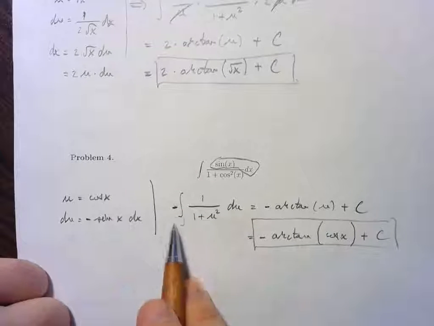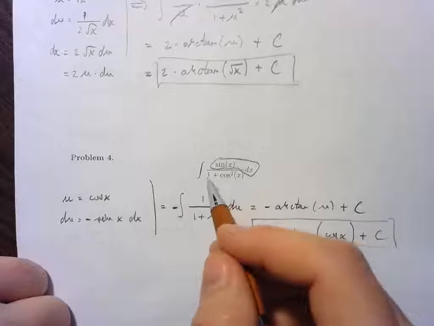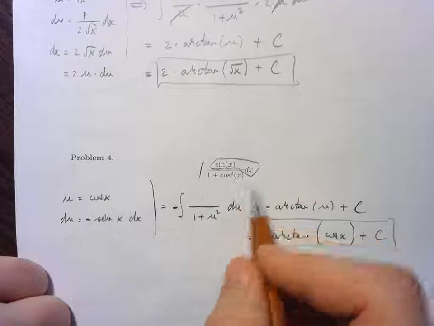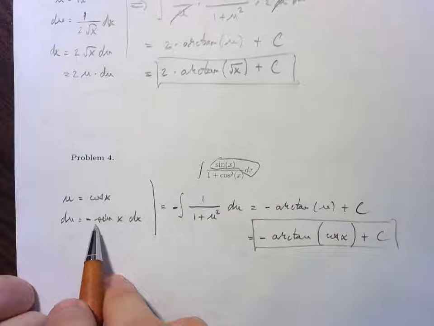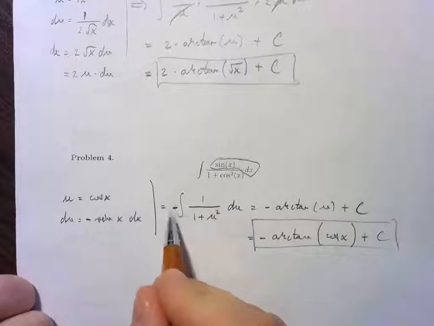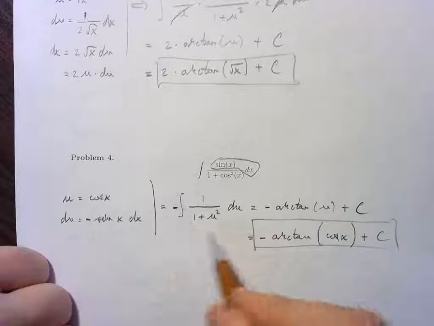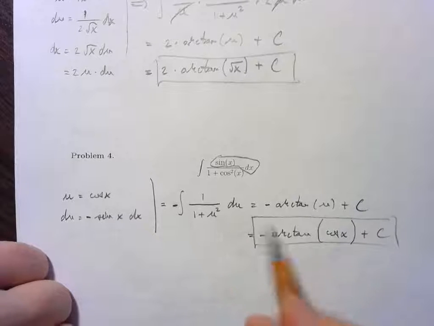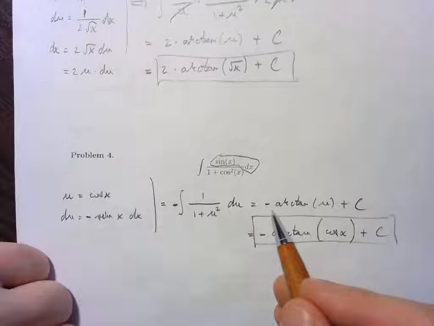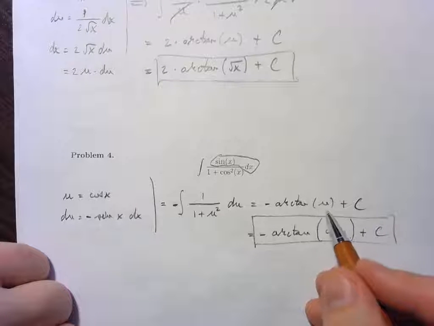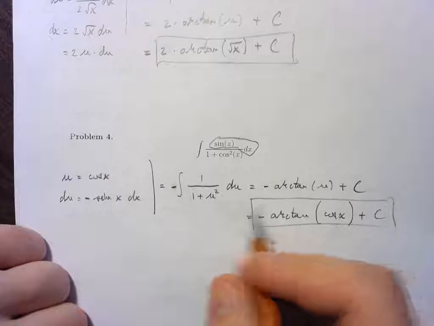That means my integral becomes 1 over 1 plus u squared, and this sine of x dx is negative du. So I put the negative sign in front, du there, and that's the rewritten integral, which is now very easy to integrate because that's exactly negative arctangent of u plus c.